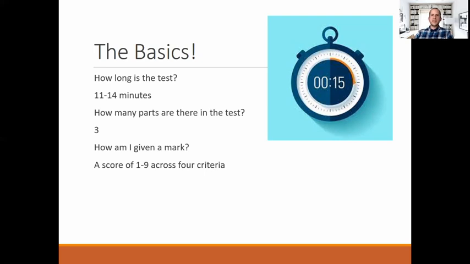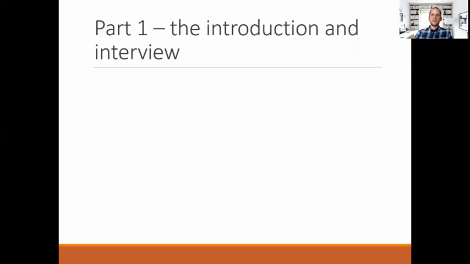So all you will get, in essence, is one score. However, it is important to bear in mind that the examiner is looking at four criteria and giving you an individual mark for each one.